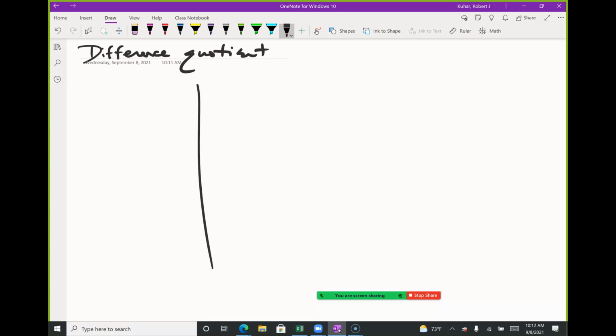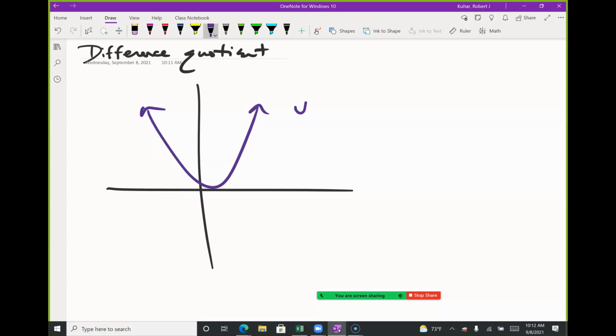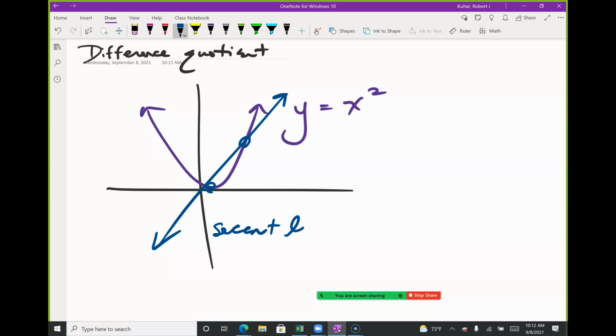So on the curve y equals x squared, if I give you a line through 2 points, that is called a secant line. So a line that cuts through 2 points of a function is called a secant line.